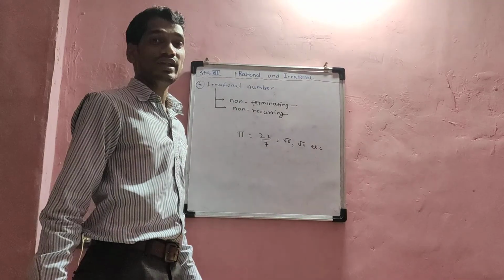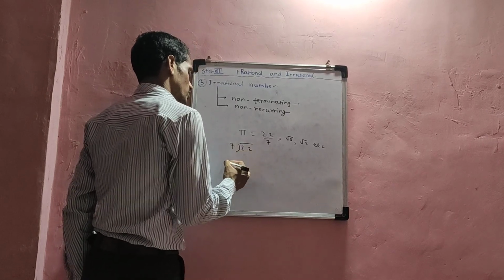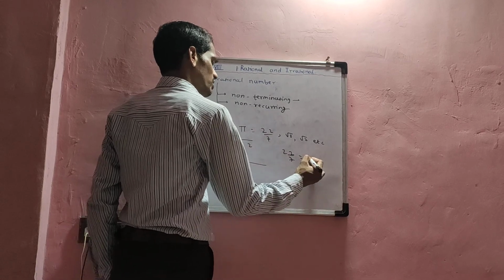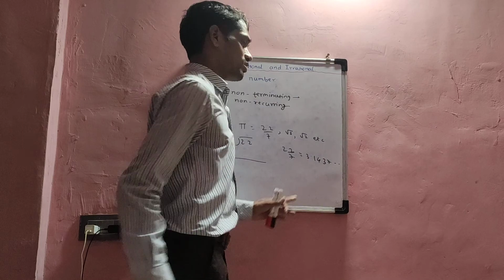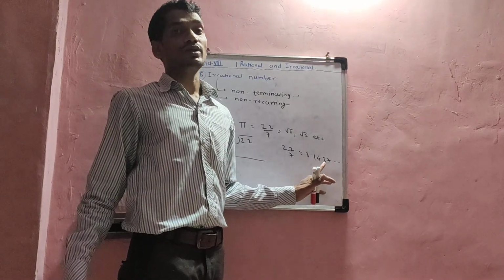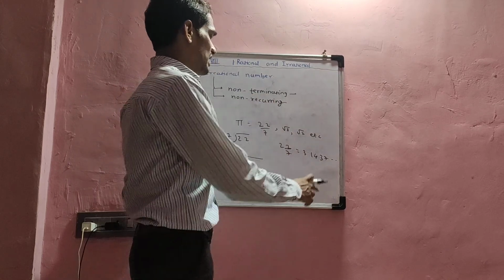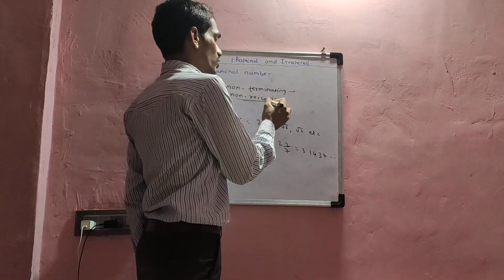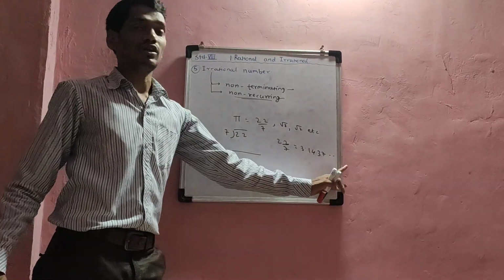They are called irrational numbers. If you divide 22 upon 7, it should be 3.1437 and goes on, it does not terminate. It is non-terminating and non-recurring, the value is not repeated.